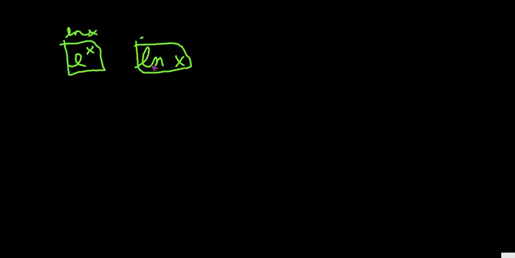We're going to be working on the calculator. Now, you're going to see two things depending on which calculator you're using. There's an e to the x and an ln x. Depending on the calculator you're using, either the e to the x is going to be on the button and the ln x is going to be above it, or you're going to see ln x on your button and the e raised to the x is going to be above it.